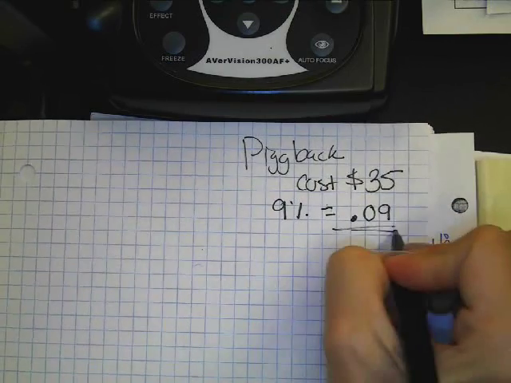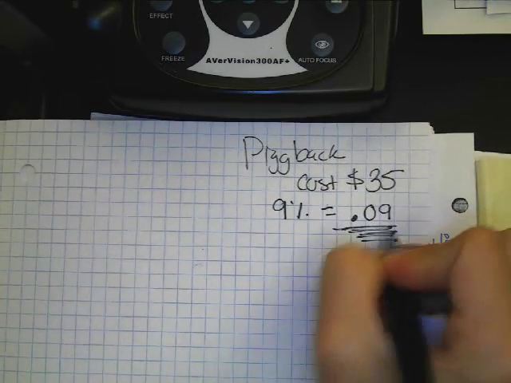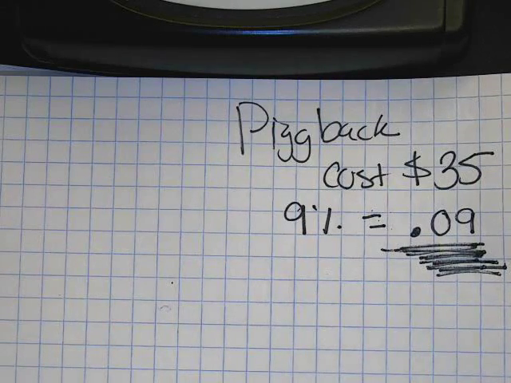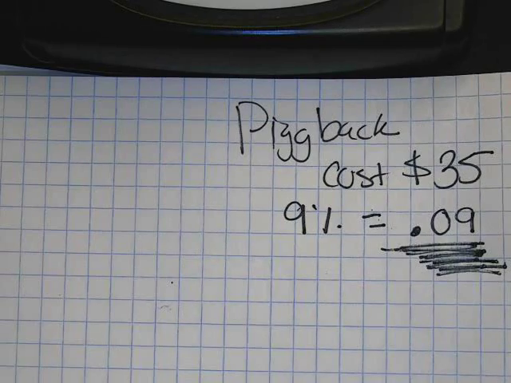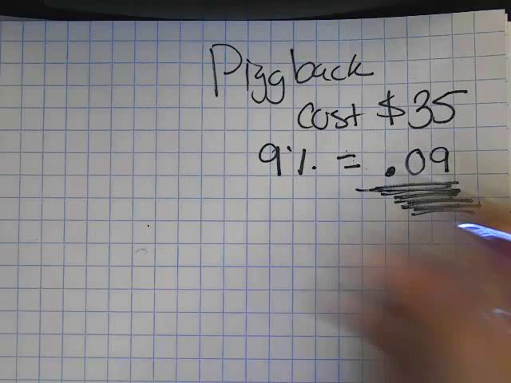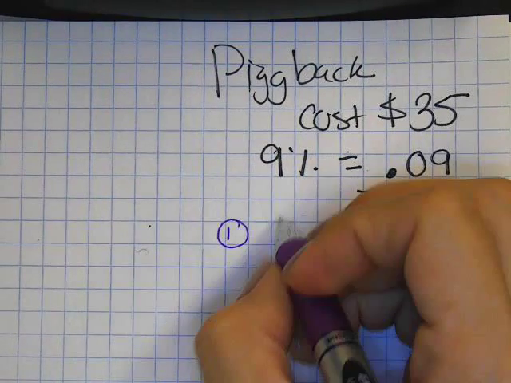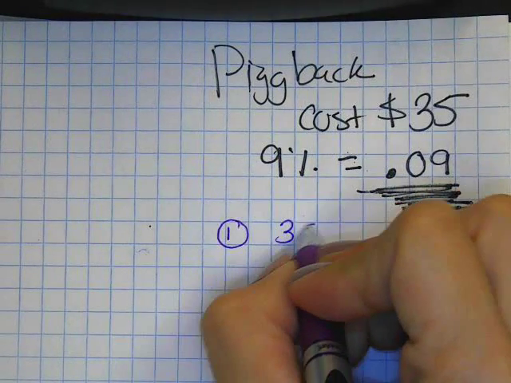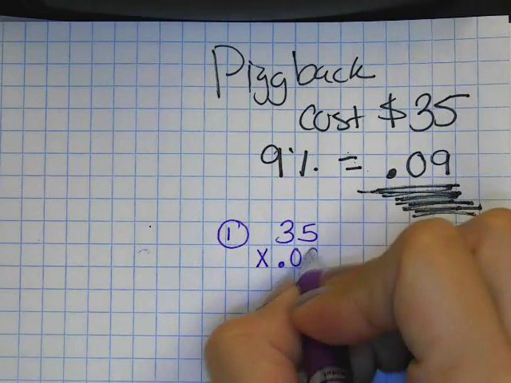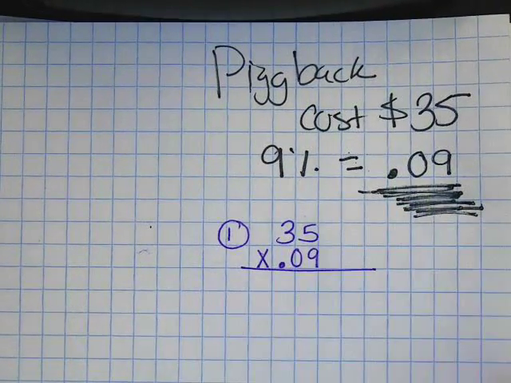Good. Make sure you write this down. So, what's my first step? Multiply. What do I multiply? 35 times 0.09. Use your multiplication table.